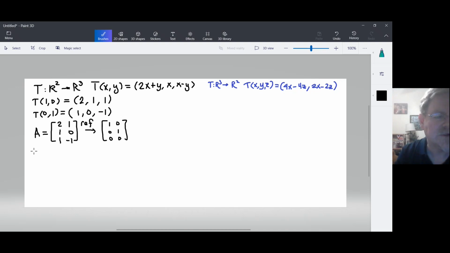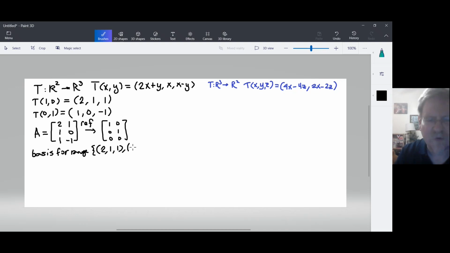So the basis for the range turns out to be precisely the two output vectors from plugging the standard basis into the transformation.